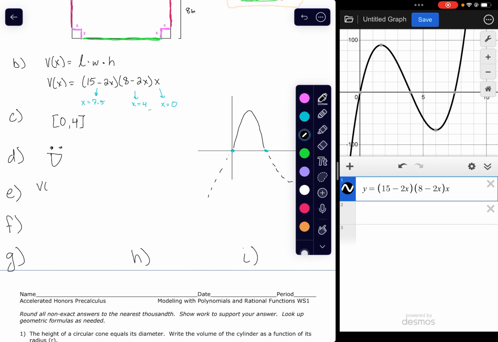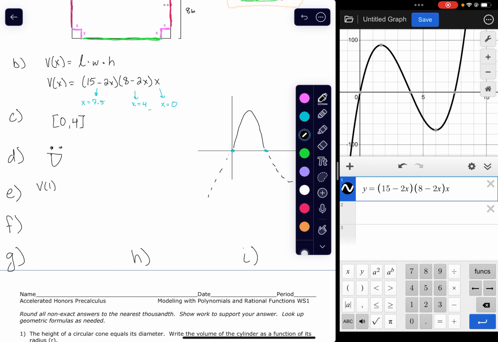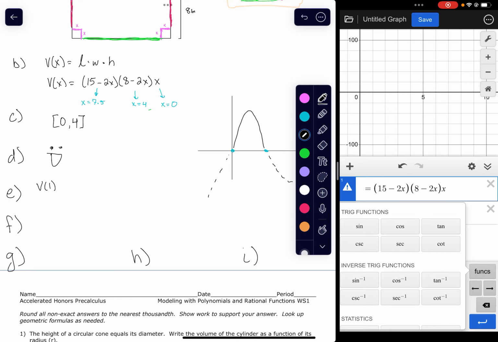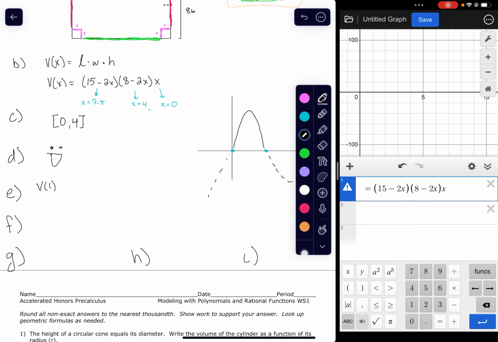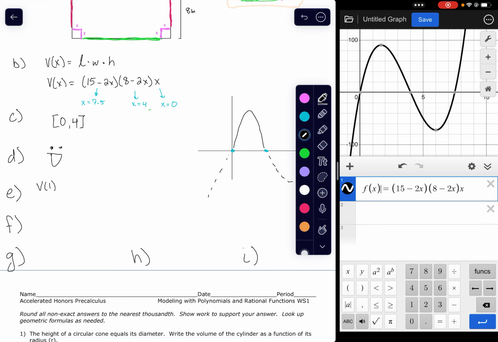And then we're asked to evaluate several functions. So we're asked to find V of 1. I'm going to change this to a function. Let's see if I can actually just type out f of x and then I'm just going to evaluate that.